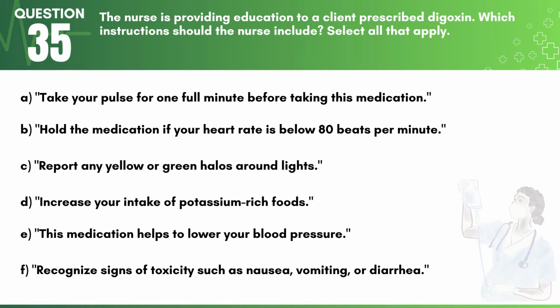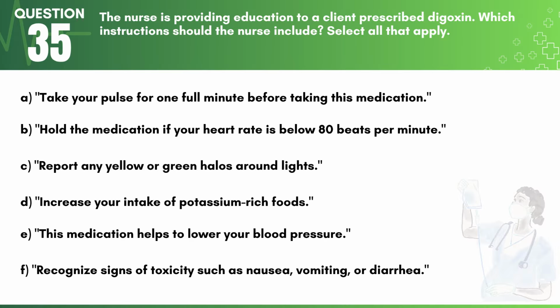Question 35. The nurse is providing education to a client prescribed digoxin. Which instructions should the nurse include? Select all that apply. A. Take your pulse for 1 full minute before taking this medication. B. Hold the medication if your heart rate is below 80 beats per minute.